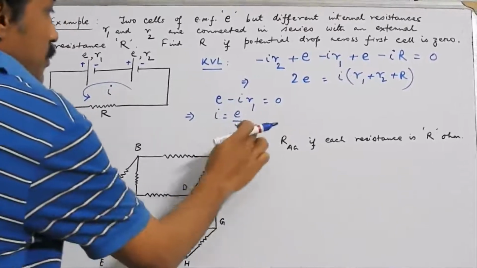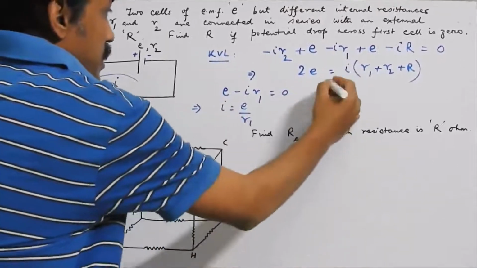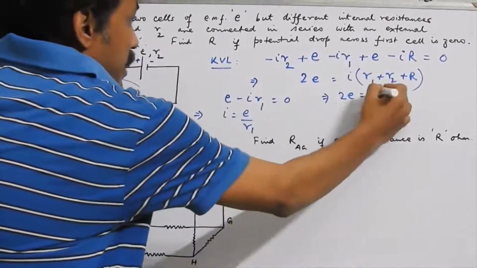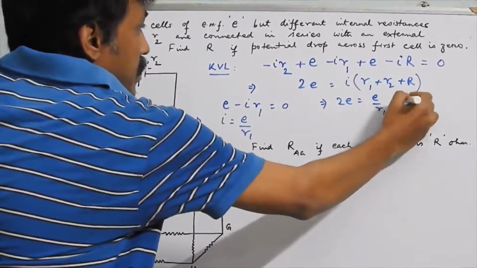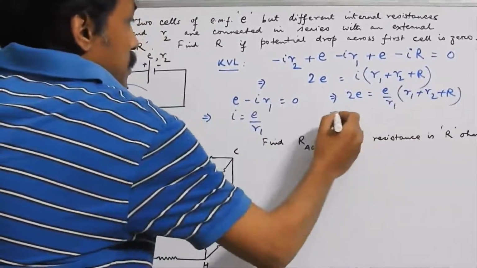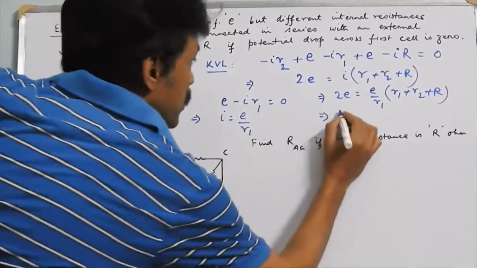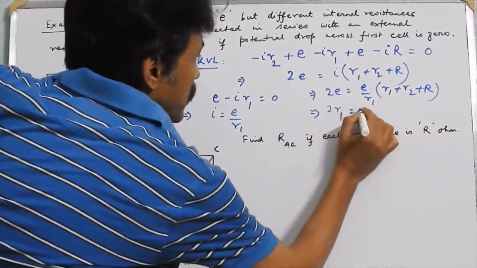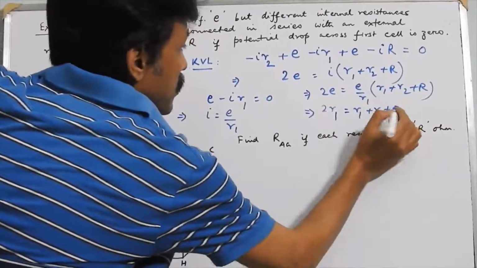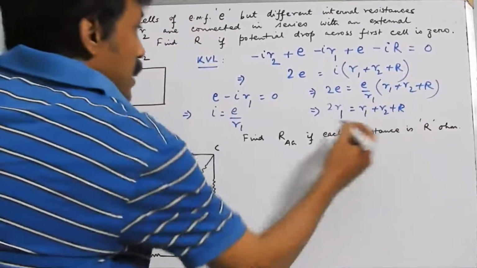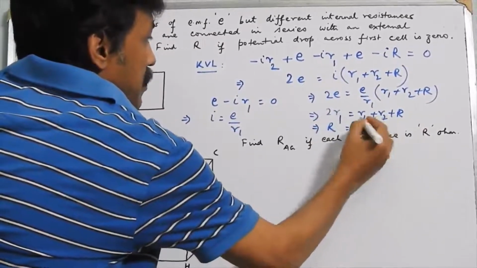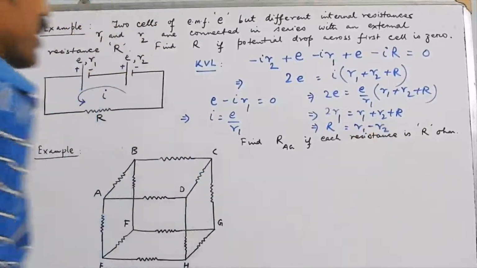So if you put I equal to E by R1 in this equation, we get 2E equal to E by R1 times (R1 plus R2 plus R). E cancels out, so 2R1 is equal to R1 plus R2 plus R, which means R is equal to 2R1 minus R1 minus R2. So R is R1 minus R2.